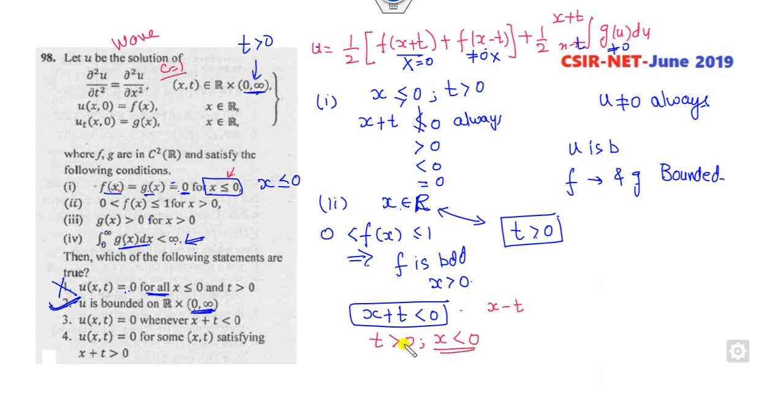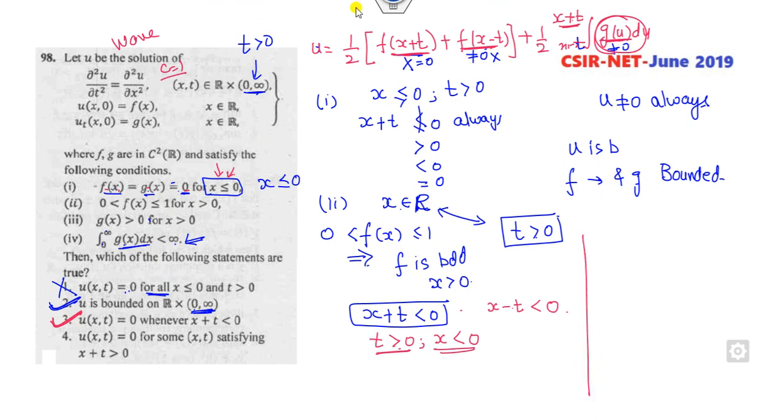When x is less than 0, t is my greater than 0, so this number is also less than 0. So that means this also satisfies this condition. F and g both are 0 in this case, because x minus t less than 0, x plus t less than 0, so this value will also be less than 0. So satisfied, 0 is the right answer.